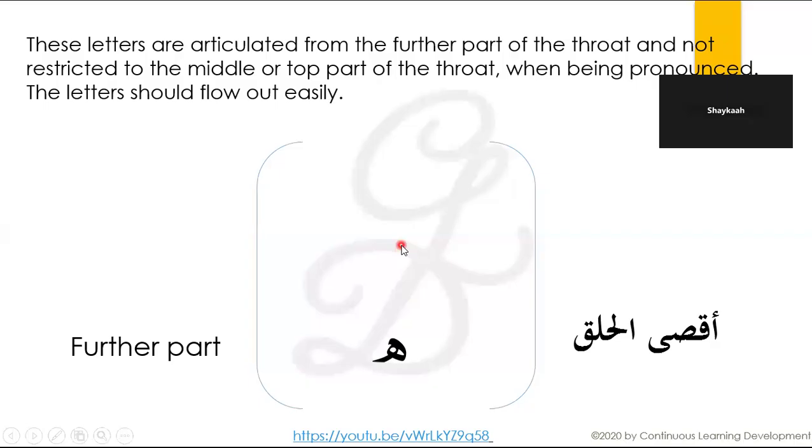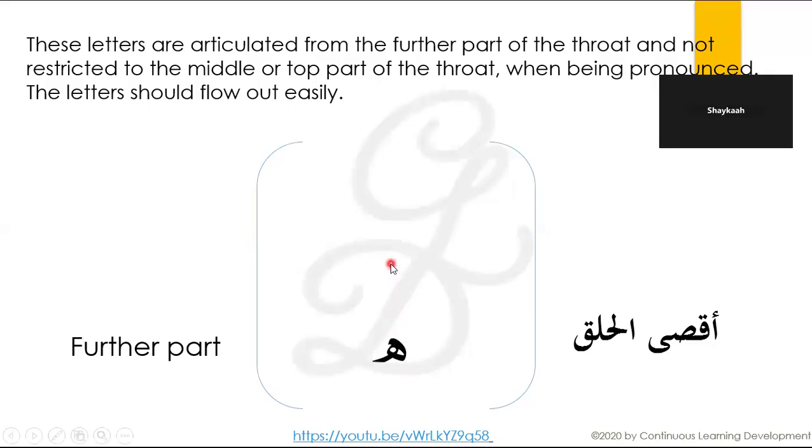Ha, he, who. Here, I'm going to say ha, he, who. You should be able to hear the difference between the two Has because they come from different positions of the throat. The further part of the throat, it is easier for the air to flow out. So ha, he, who, and I should be able to hear a sound coming from my throat, closer to my chest.